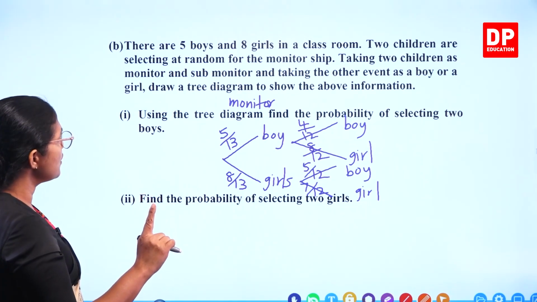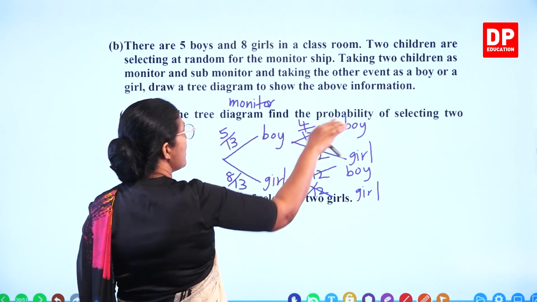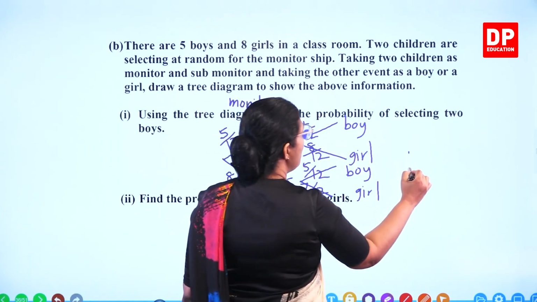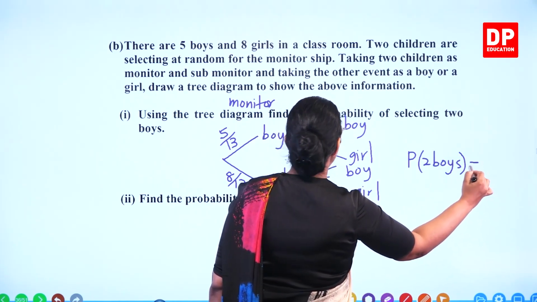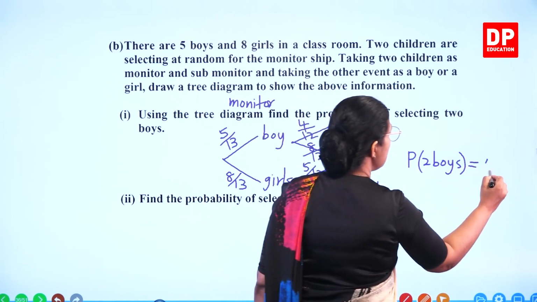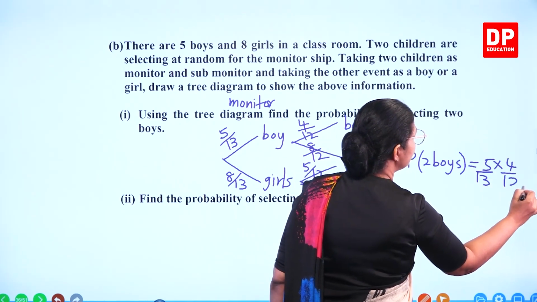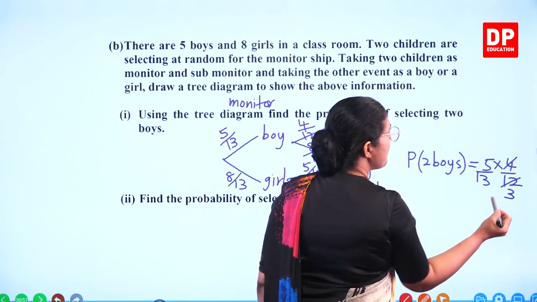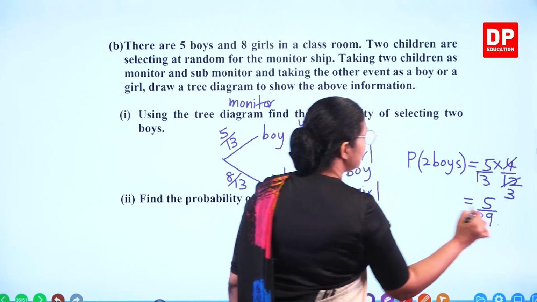And it says, using the tree diagram, find the probability of selecting 2 boys. So 2 boys is this path. So probability of 2 boys is equal to 5 over 13 into 4 over 12. 4 times 3, so you get 5 over 39.